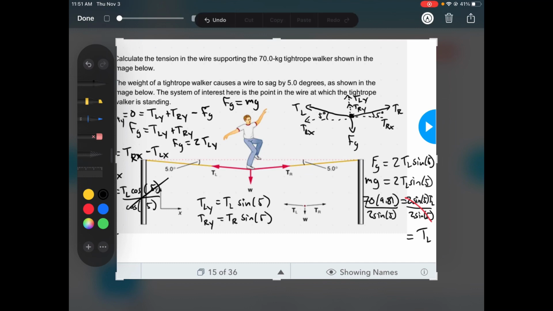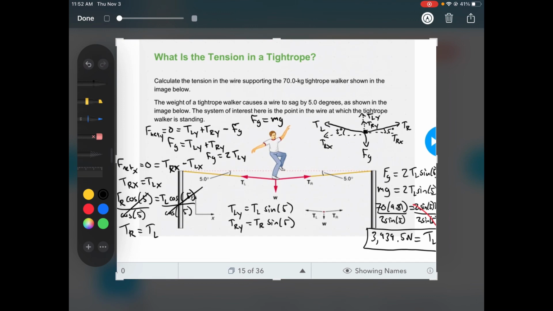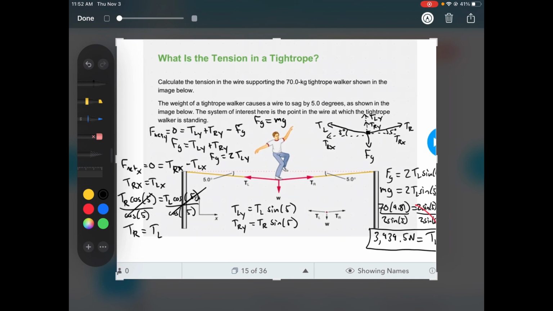So TL, which means TR as well, is equal to 3,939.5 newtons. So that is also what TR is, if you want to write that in there without that box.